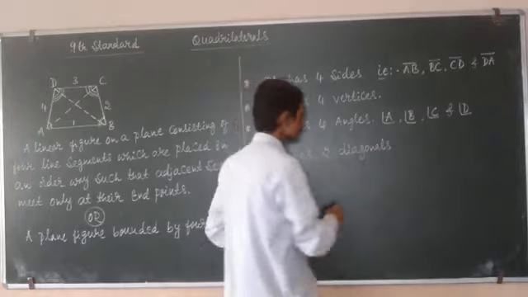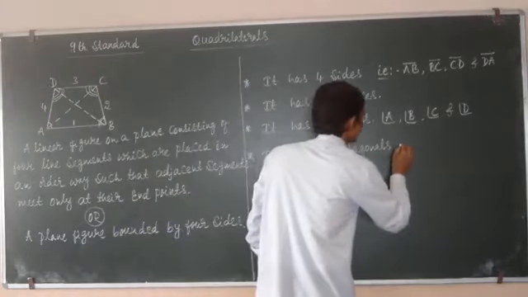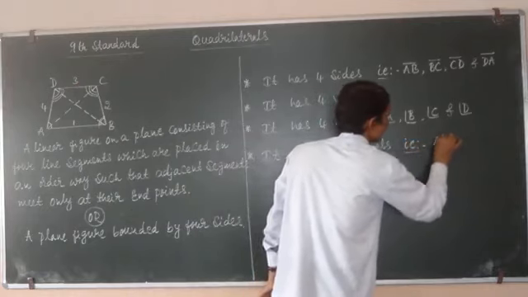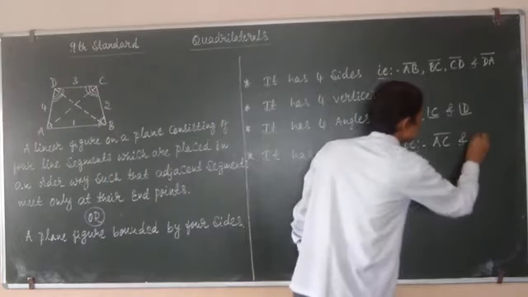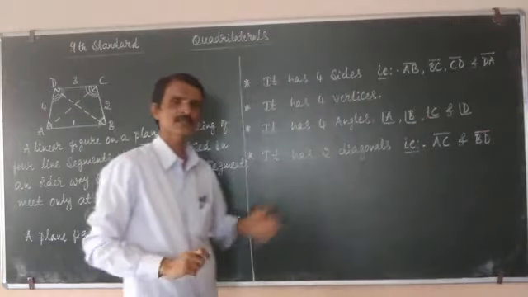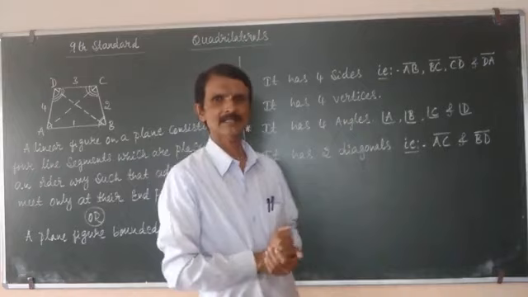Which are those? AC, and another one is BD. So these two are the diagonals of the quadrilateral.